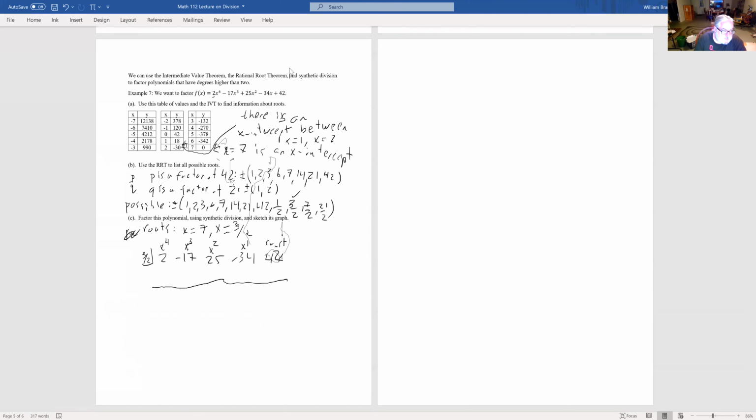So how do we do the division? Pull down the 2, 3/2 times 2. Well, the 2's cancel out. That gives me a 3. Add, that gives me -14. Multiply 3/2 times -14. 14 divided by 2 is 7, times 3 is -21.